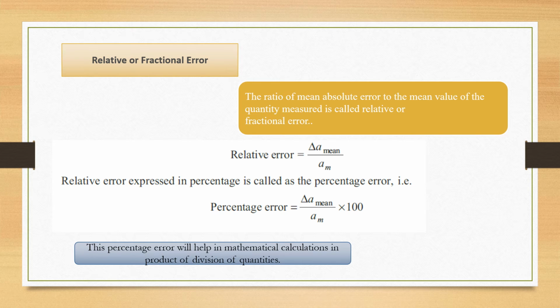Percentage errors help in mathematical operations like product. For example, if two quantities are to be multiplied, then to find the error in that multiplication we simply add the percentage errors or fractional errors of the individual quantities.